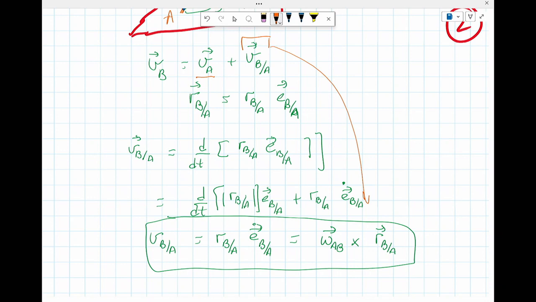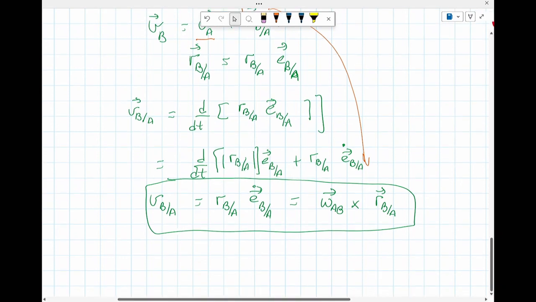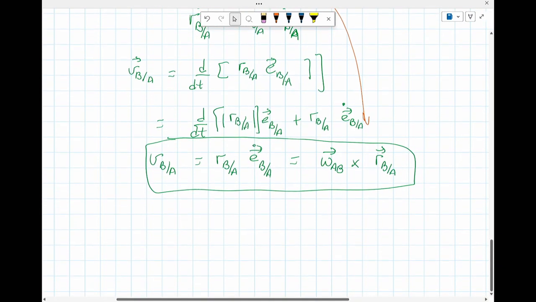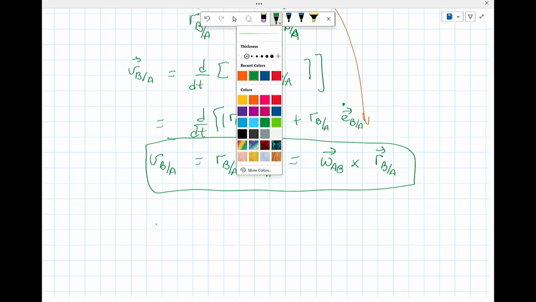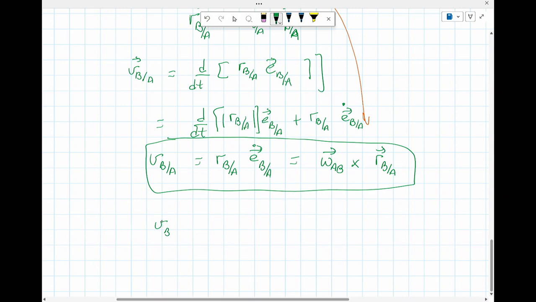It's sort of a translation plus a rotation. And I can write that now as v_B equals v_A plus omega_AB crossed with r_B/A.